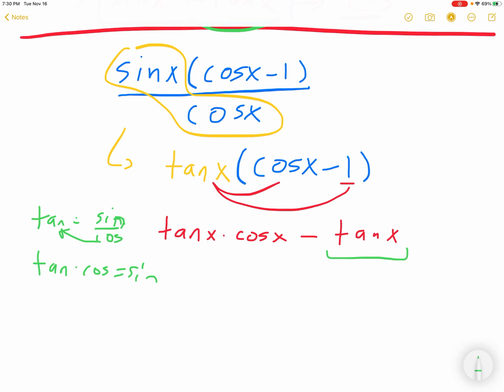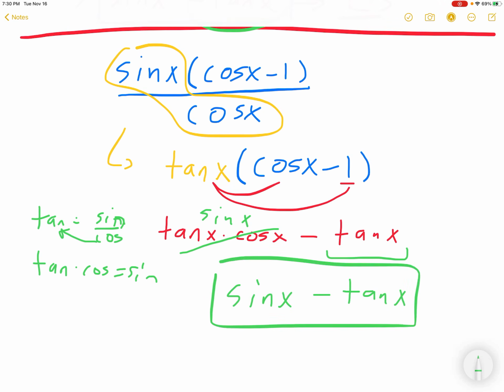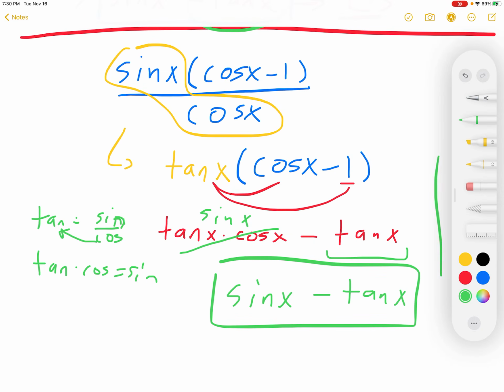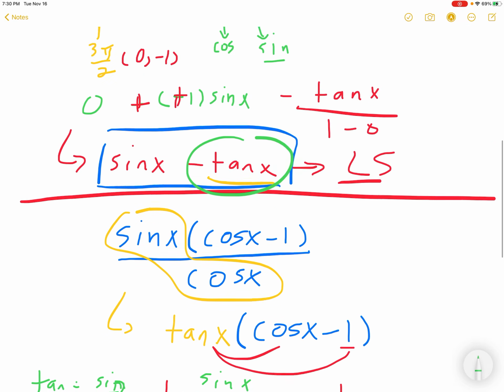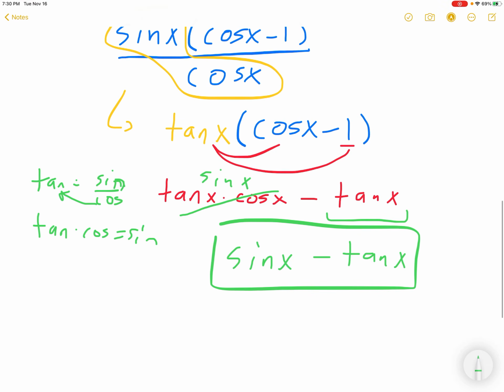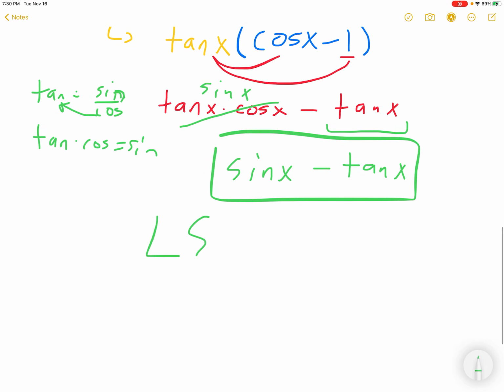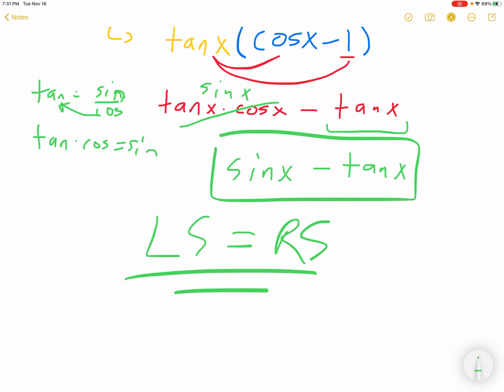And so tan times cos, I could just replace this with sine x. And then now the right side also has sine x minus tan x over here. And more importantly, we have that the left side equals the right side. And the equation is proven.